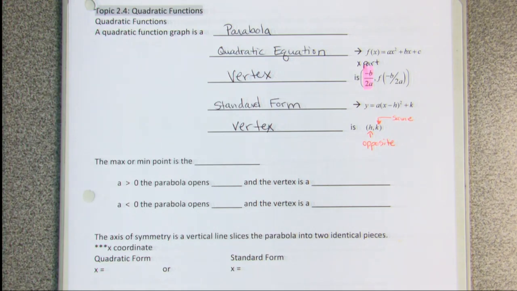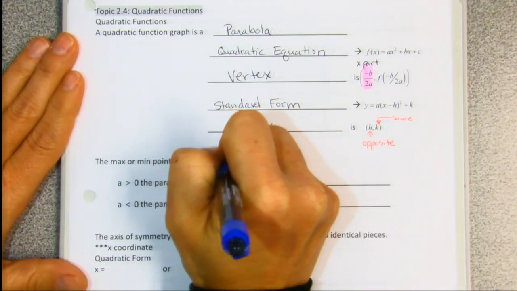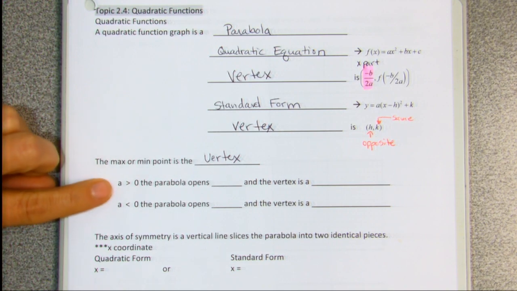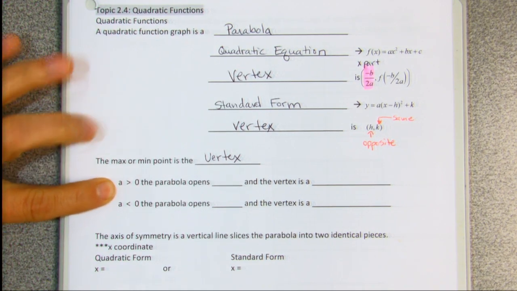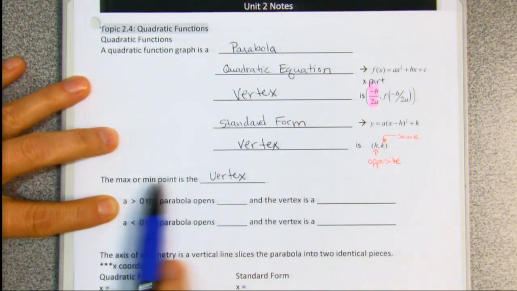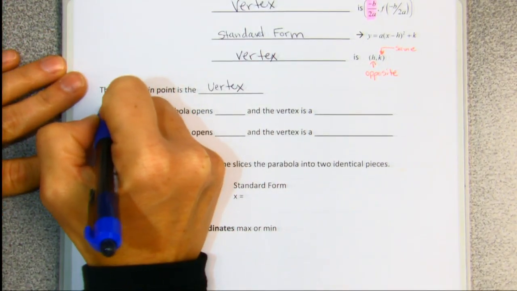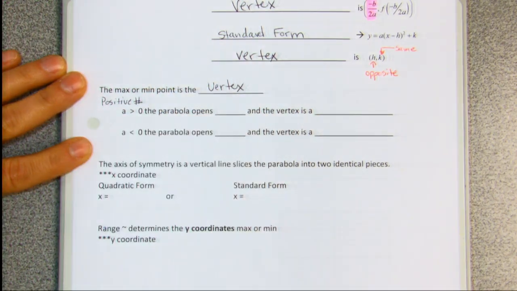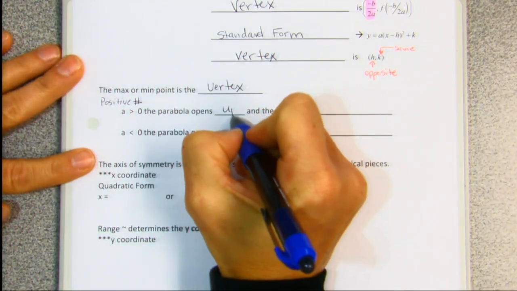Your max or min point of a parabola is the vertex. Remember, A is the first number that you see in either form of the equation, like right here, or here. If A is greater than 0, meaning it's a positive number, then we know that the parabola is going to open up.